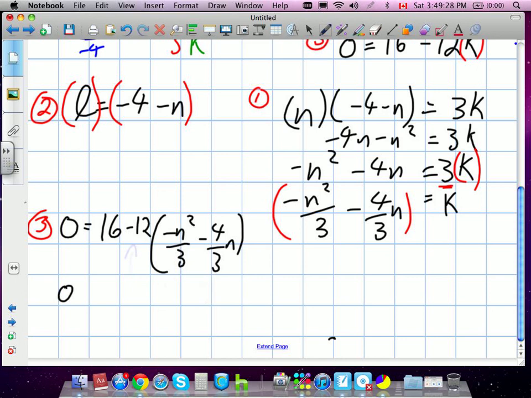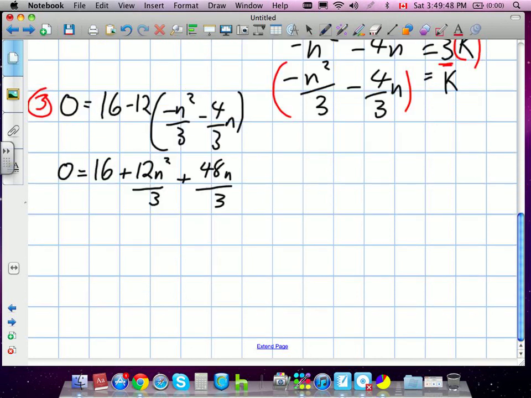So I'm going to end up with positive answers once I use my distributive property. I'm going to get 0 is equal to 16 plus 12n squared over 3 plus 48n over 3.